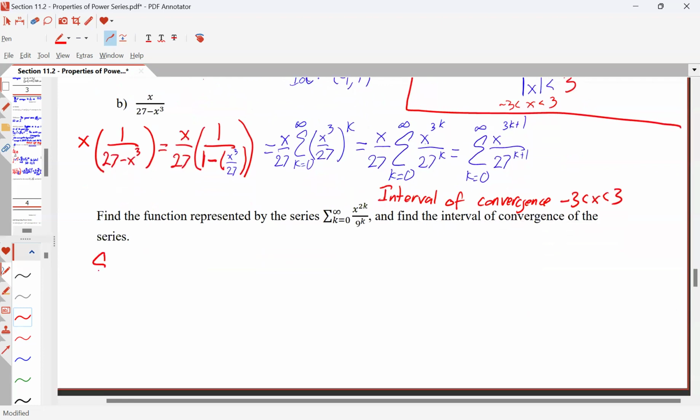The only series we know at this point is that the series of x to the k is equal to 1 over 1 minus x. So if we know that information, we probably want to make this series look like x to the k. So x to the 2k over 9 to the k is the same as the series of x squared over 9 to the k.